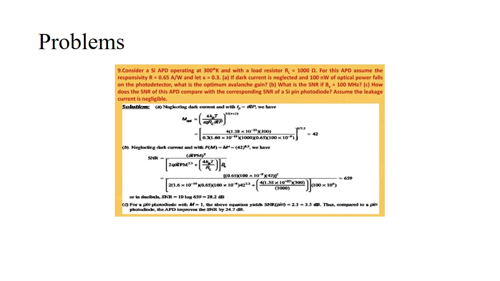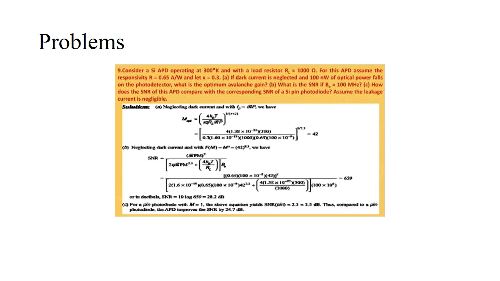And in the last problem, they are asking the dark current value, SNR value, so they are asking to compare the avalanche photodiode with the pin photodiode.